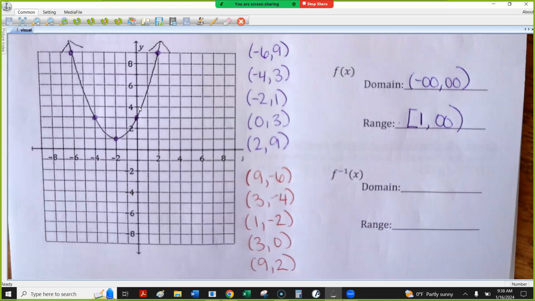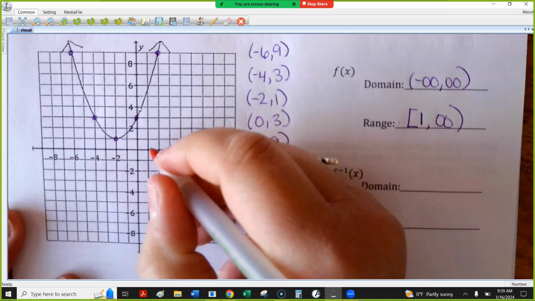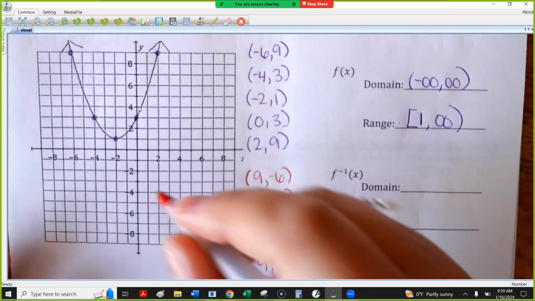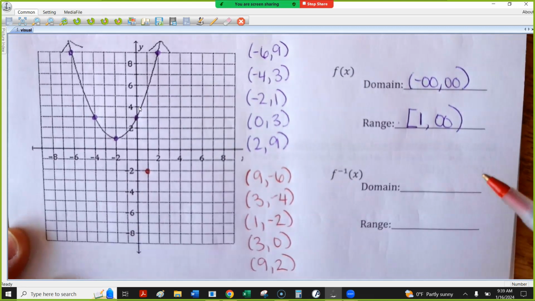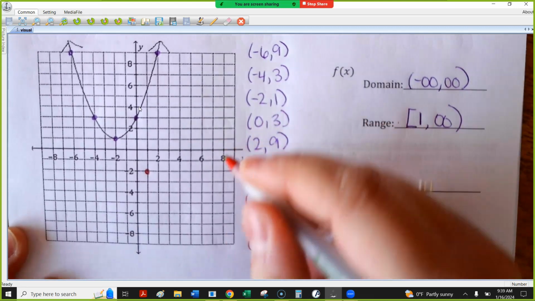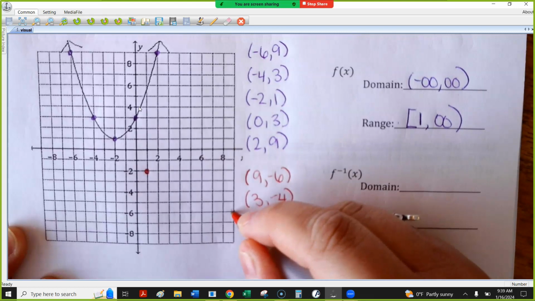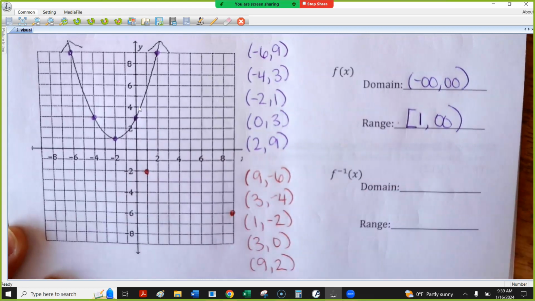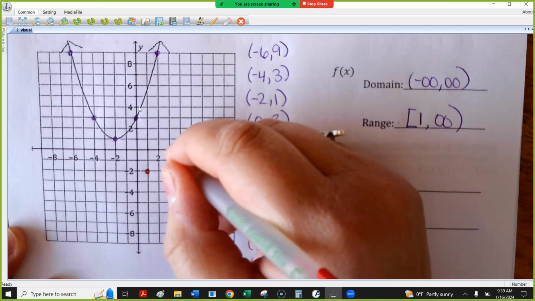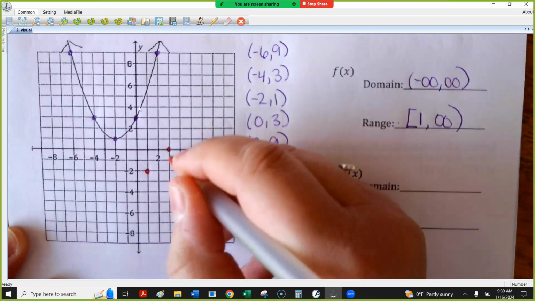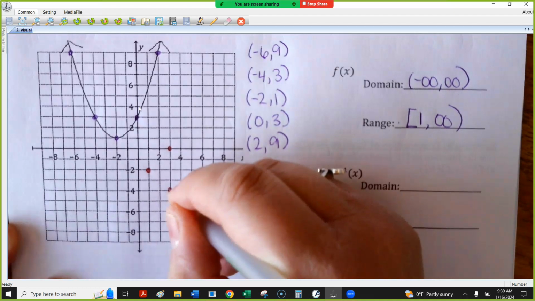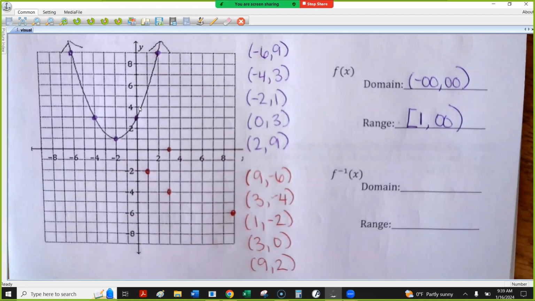And then you can visually see what the inverse is going to look like. So just plotting these guys here. What you should kind of see form, it's going to be basically a sideways parabola is what it's going to look like.